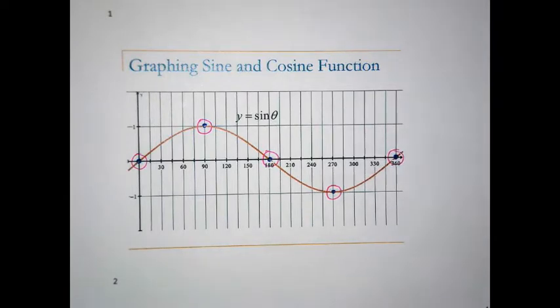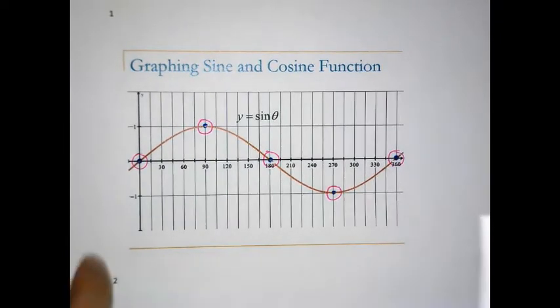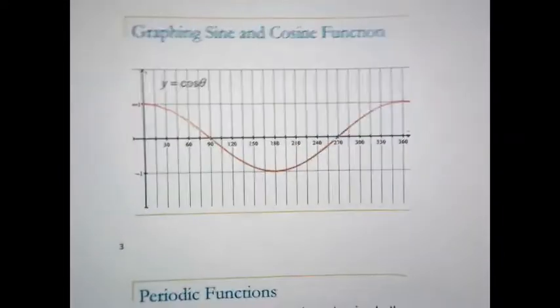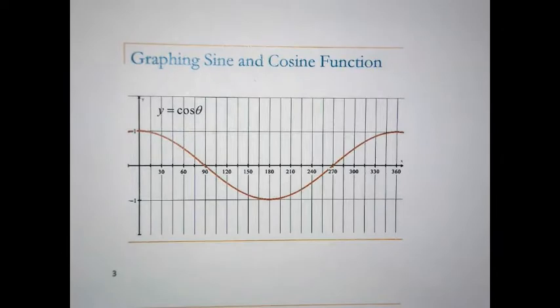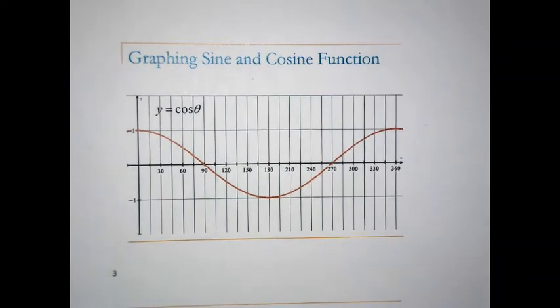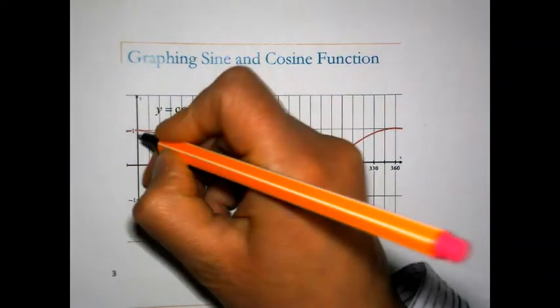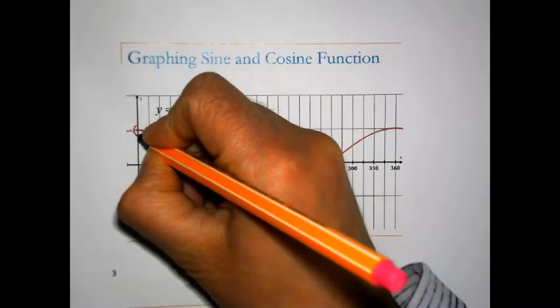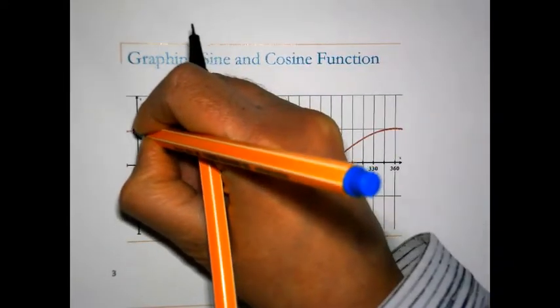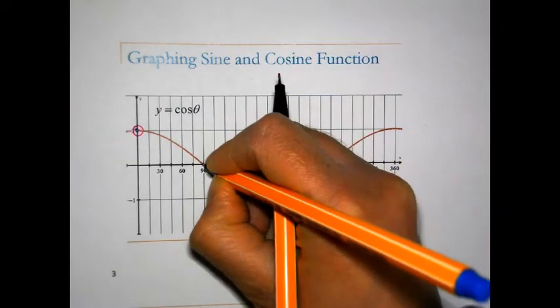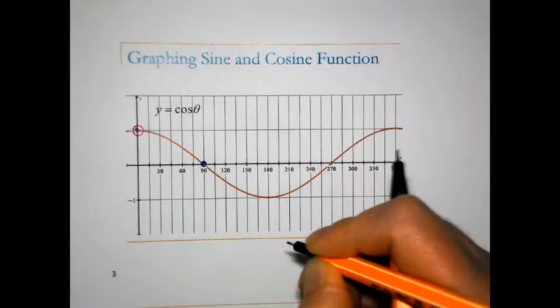Now we are also going to look at the cosine function. This one starts from 1, and then the next key point is at 90, where it is at the x-axis.